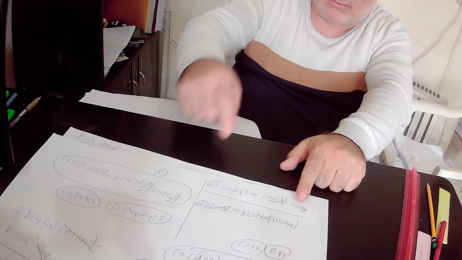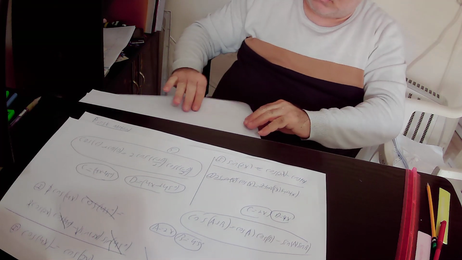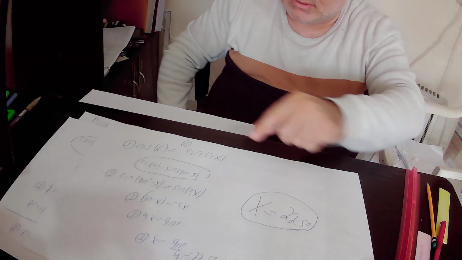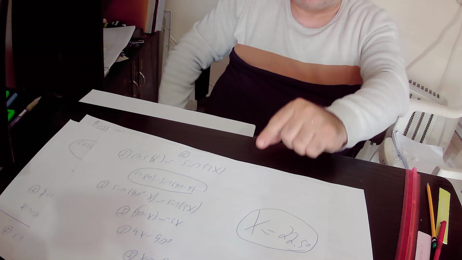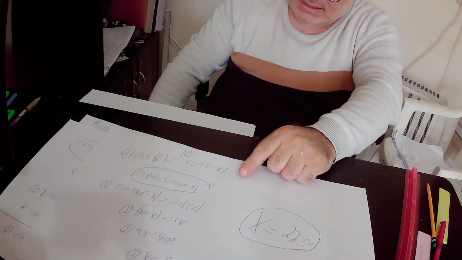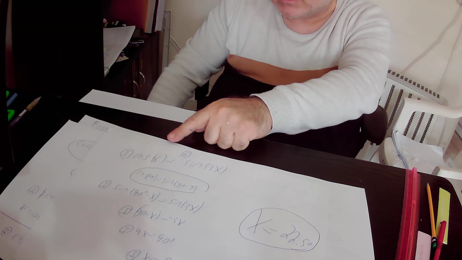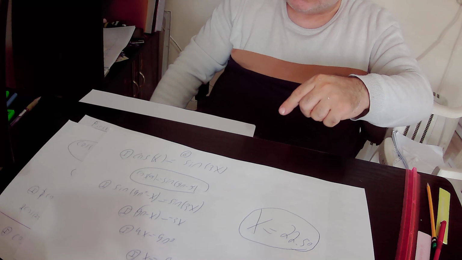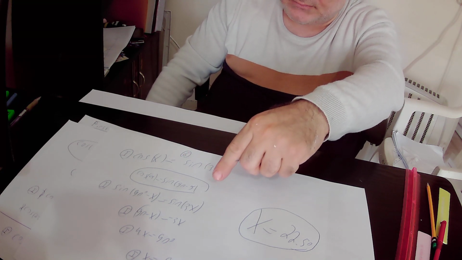So we divided this equation by 2 sine x, and we got the equation that cosine x equals sine 3x. And we have the trigonometric identity that cosine alpha equals sine 90 degrees minus alpha. So according to this identity, cosine x equals sine 90 degrees minus x, and we got that sine 90 degrees minus x equals sine 3x.